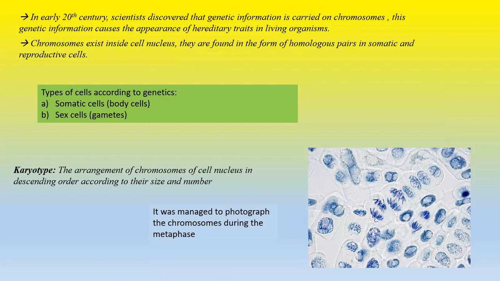According to the genetic point of view, we are going to talk about two types of cells, which are the somatic cells, the body cells. All our cells, the eye, the hair, the nose, the mouth, the stomach and the intestine, all our cells are called somatic cells, which are the body cells, except another part of cells which is called sex cells.